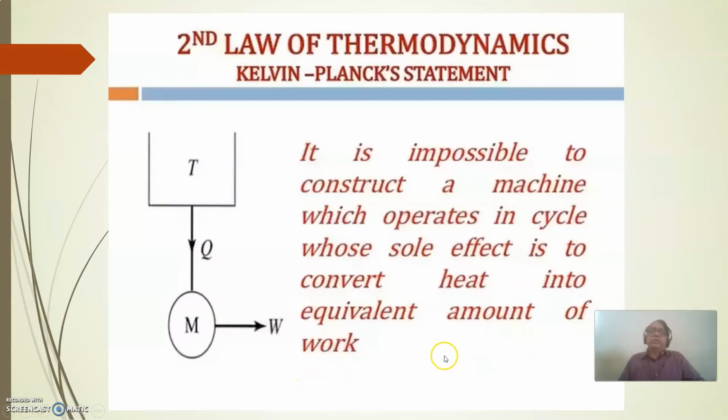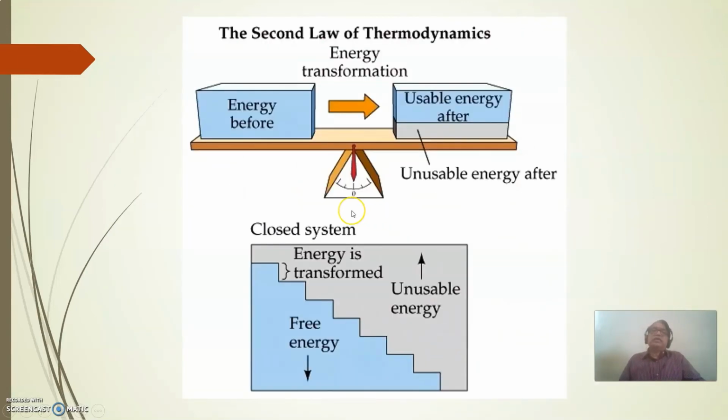The second law of thermodynamics also tells us about energy transformations. When you transform energy, before and after the transformation, one part is usable energy and the other is unusable energy.